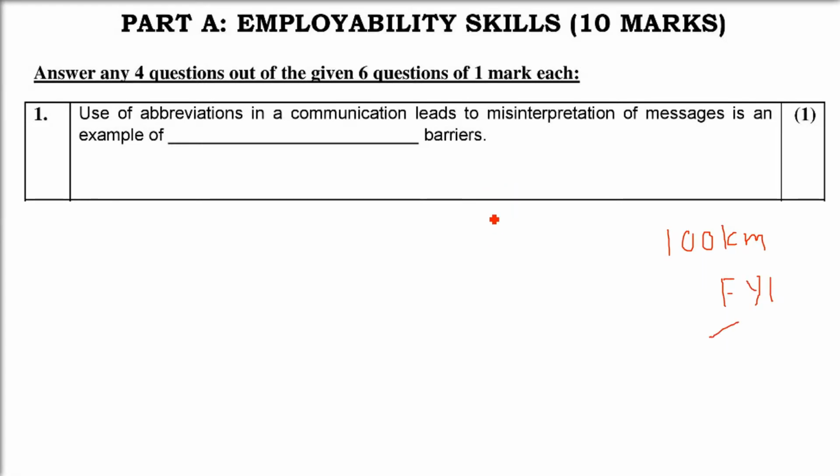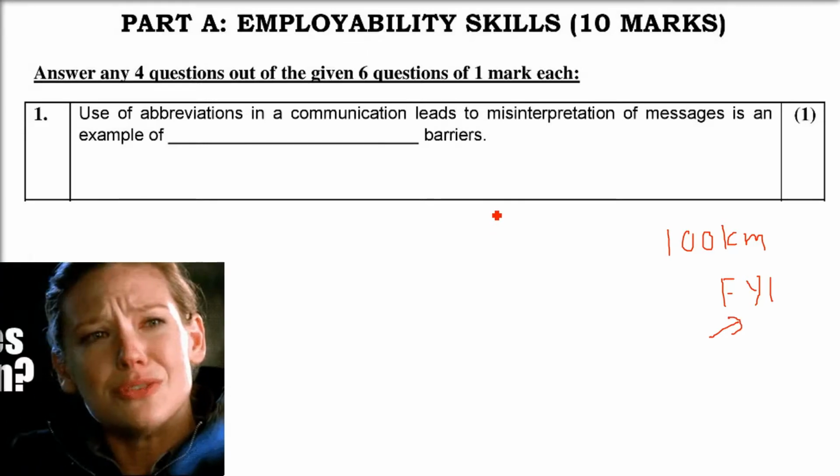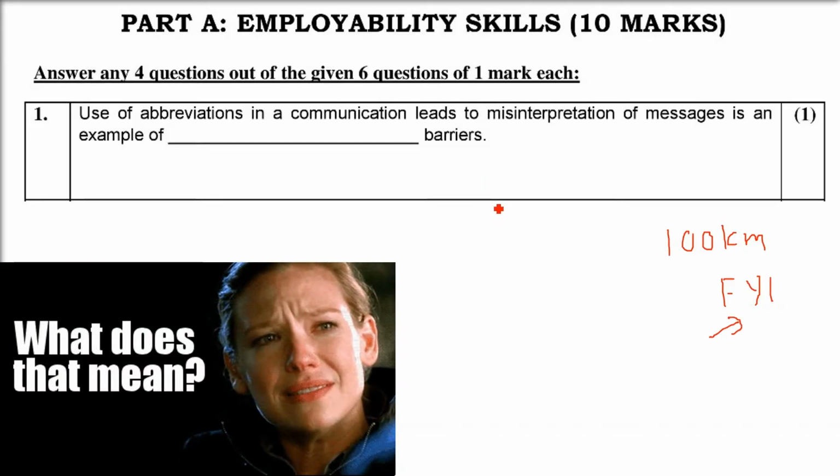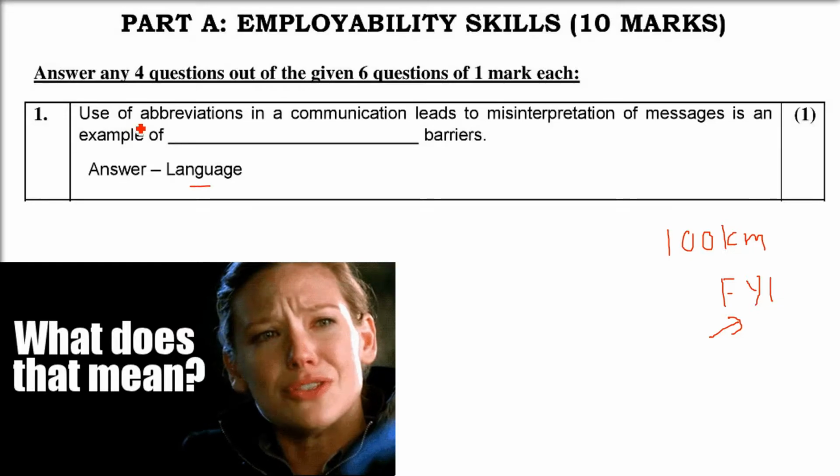Many people won't understand that this stands for "for your information". So they won't be able to understand. So this is a kind of language barrier. Use of abbreviations in communication is a language barrier. People may not ask, but they won't understand it.